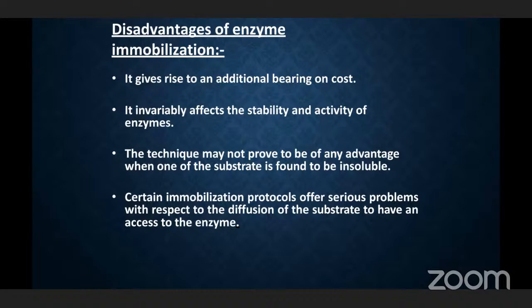And the technique may not prove any advantage when one of the substrates is insoluble. When the substrate is already insoluble, then the efficiency will reduce because the enzyme is also insoluble and the substrate is also insoluble, so the interaction may reduce. And certain immobilization protocols offer serious problems with respect to diffusion of the substrate into the enzyme. So you have to choose carefully, based on the protocol as well as the substrate and enzyme. What are the characteristics?